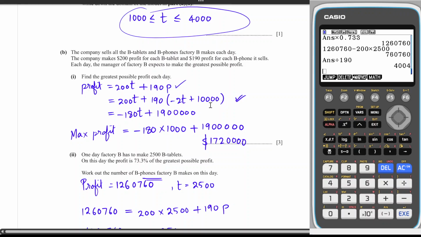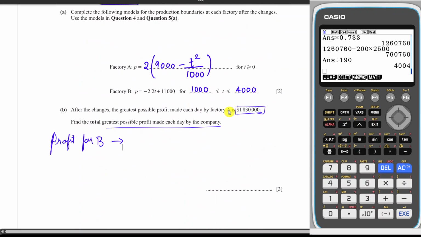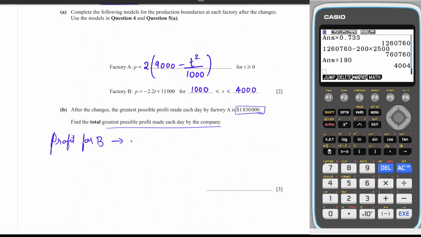Instead of this, now we have a new formula. So this is 200T plus 190 into, it is this value, that is minus 2.2T plus 11,000.